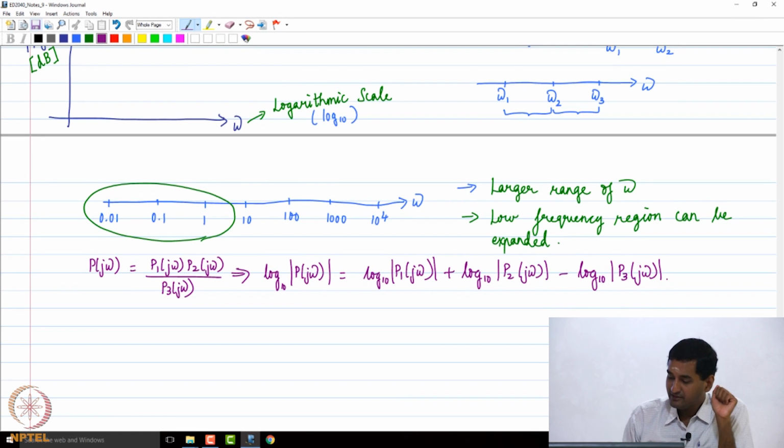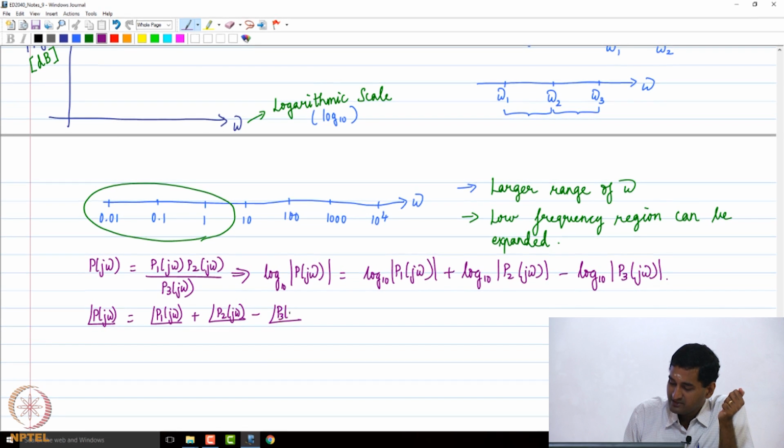Similarly, you can see that the phase of P of j omega is also going to follow a similar trend. It is going to be the phase of P1 j omega plus the phase of P2 j omega minus the phase of P3 j omega, right.